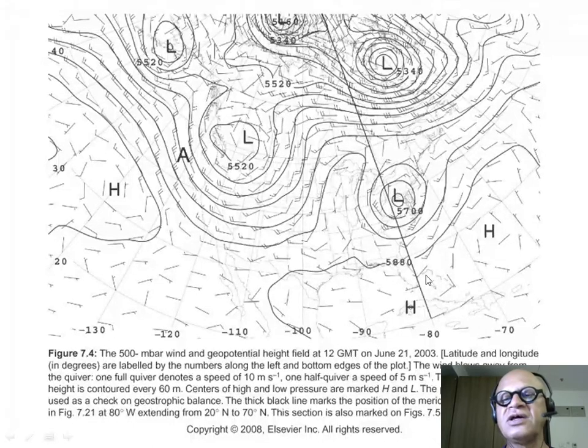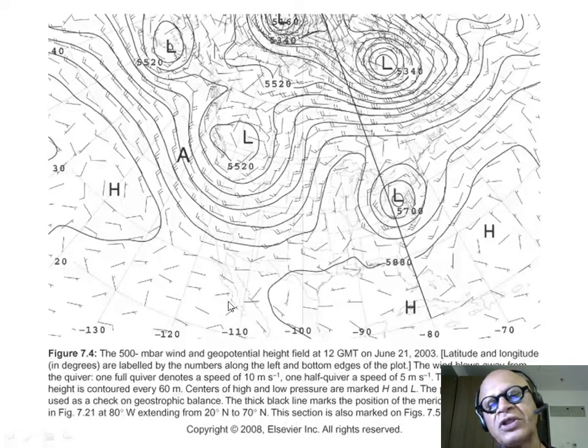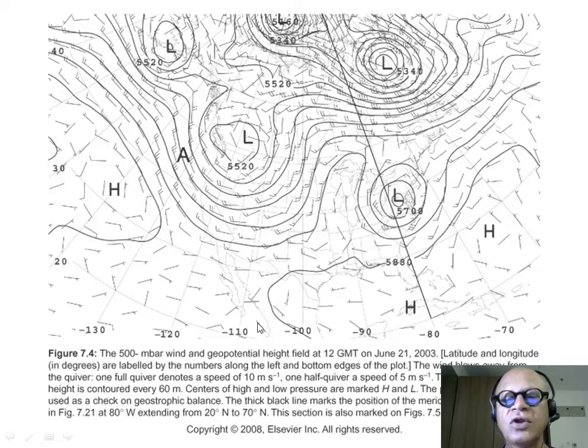So we said we are going from, let's see, where are we? The map. So here we are in California. So we are going from low latitudes, tropics here, so Gulf of Mexico, and so on.